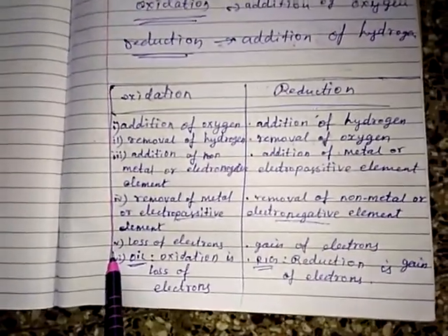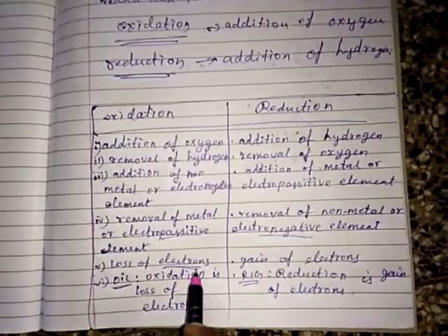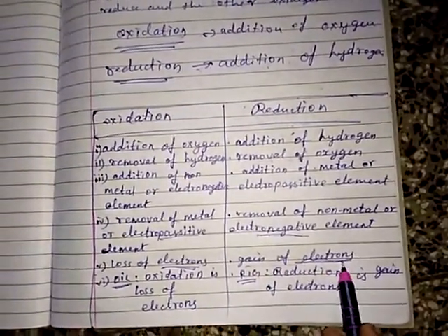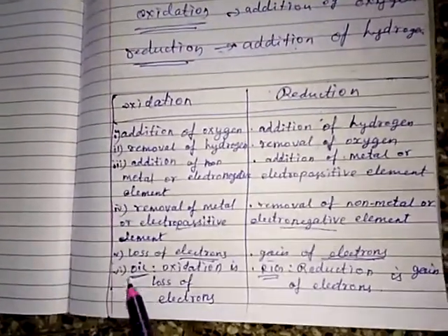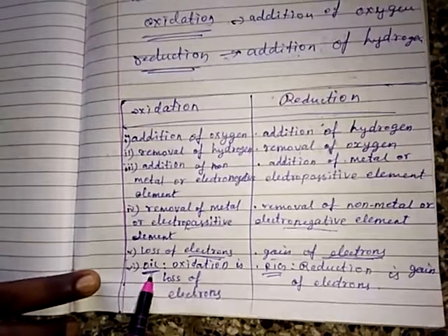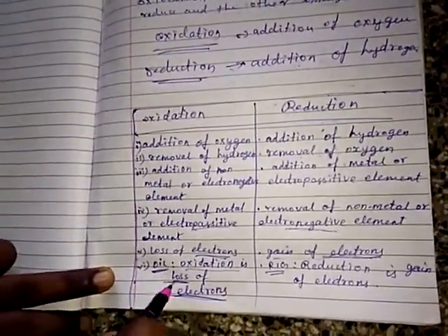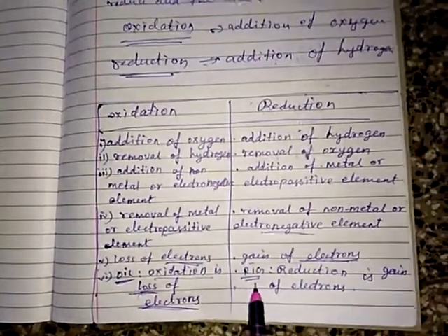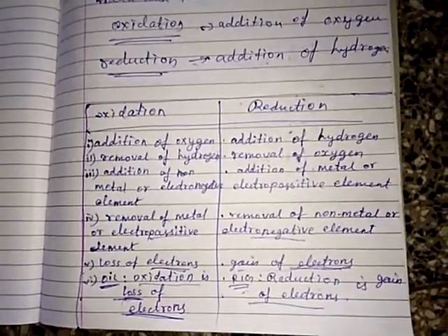The fifth point, oxidation is loss of electrons, and similarly reduction is gain of electrons. The sixth point, OIL stands for oxidation is loss of electrons. And the last point, reduction is gain of electrons.